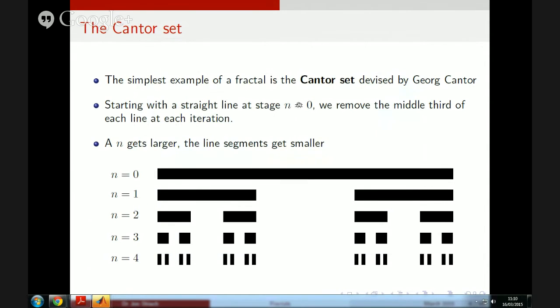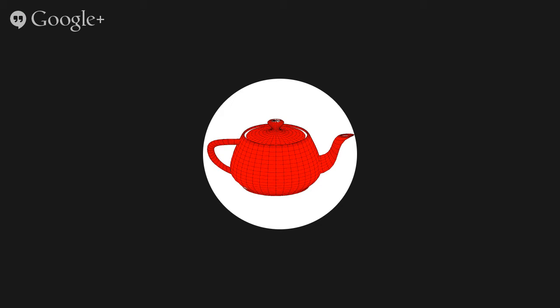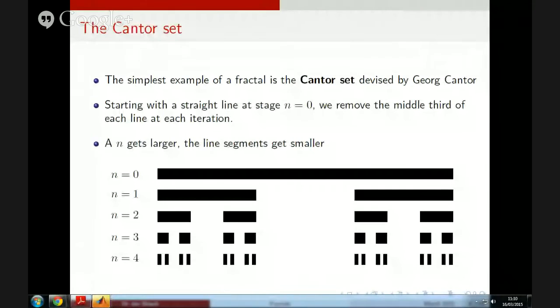Whenever we look at fractals or fractal landscapes, when I say stage n equals 0, I mean, what are we starting with? We start with a straight line at stage n equals 0. The rule is quite straightforward for the Cantor set: we take away the middle third.